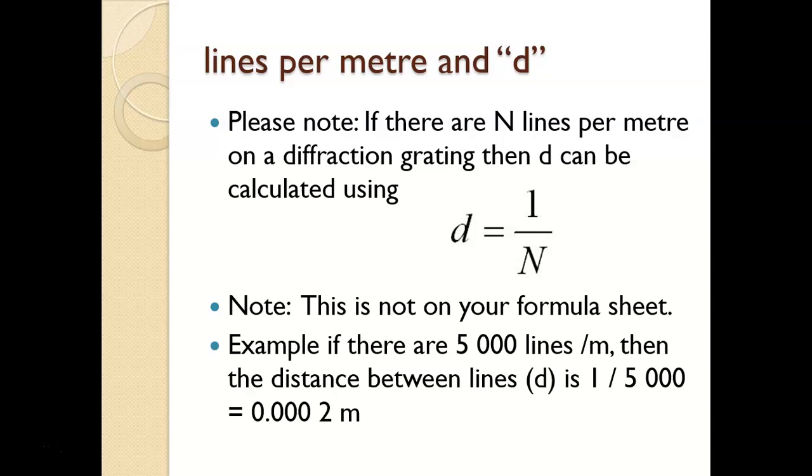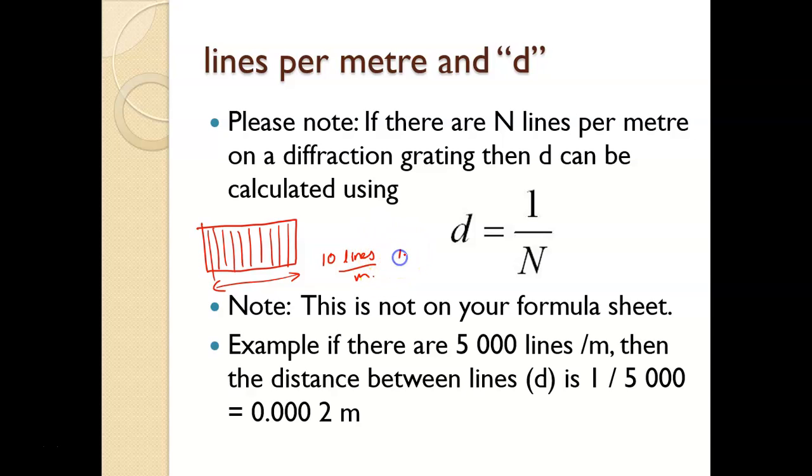Now, a lot of times diffraction gratings are actually not written in how much space is between each line, but in how many lines per meter. But really, all you need to do is the inverse of that, right? So if I got 10 lines per meter, if I want to know the distance between each line, I'm just inverting that.